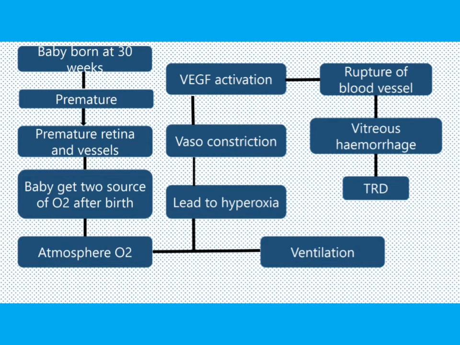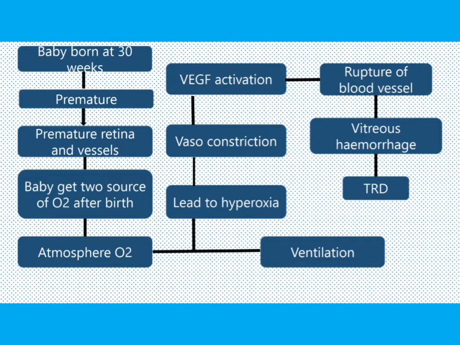How does it happen? In this flow chart you can easily see that the baby is born at 30 weeks. This means the baby is premature, and this premature baby has a premature retina and vessels. After birth the baby gets two sources of oxygen. In the mother's womb, all nutrition comes from the placenta, but when the baby is born, he needs oxygen to survive. Due to the premature stage, oxygen needs to be supplied for proper development.